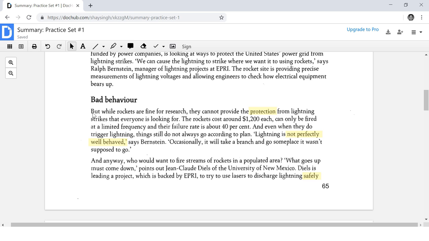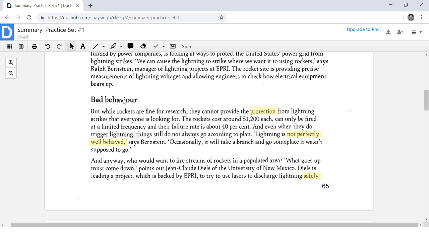It says, but while rockets are fine for research, they cannot provide the protection from lightning strikes that everyone is looking for. Okay, so they do not protect you from lightning strikes. So that means that they are less safe. Down here it says lightning is not perfectly well behaved. Okay, so it can be risky. So it seems that they are talking about rockets.